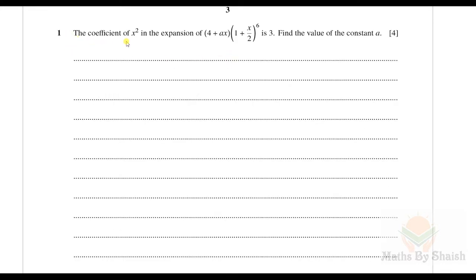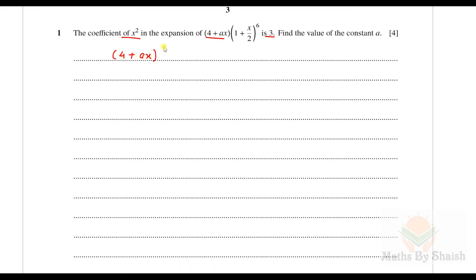The coefficient of x square in the expansion of (4 plus ax) into (1 plus x by 2) whole power 6 is 3. So for the x square coefficient, we can see the first bracket is 4 and ax.